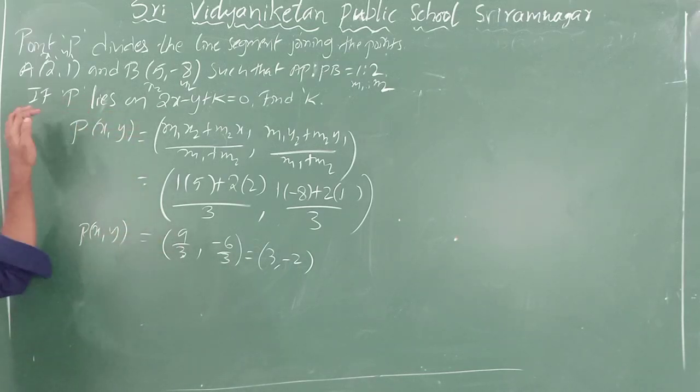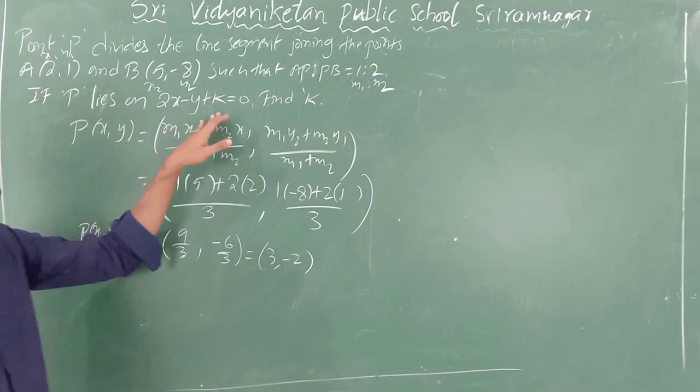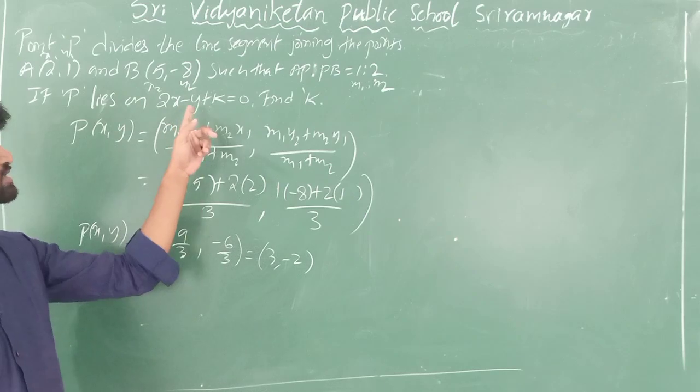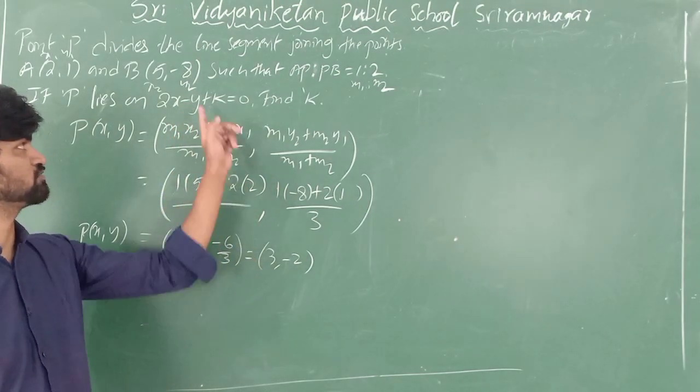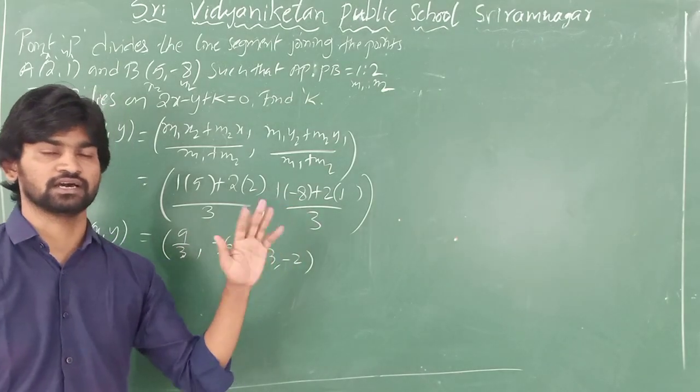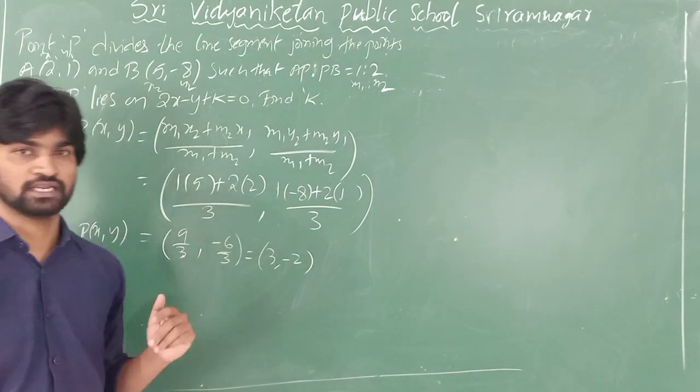We got P. It is given that P lies on the line, find the value of k. What is the meaning of P lying on this line? It is one of the solutions of the given line. All the points which lie on the line are solutions of the given line.